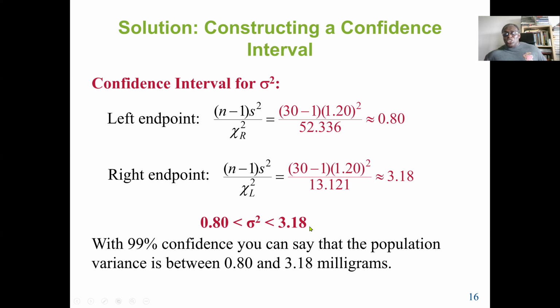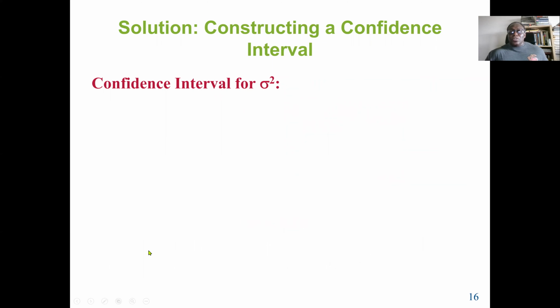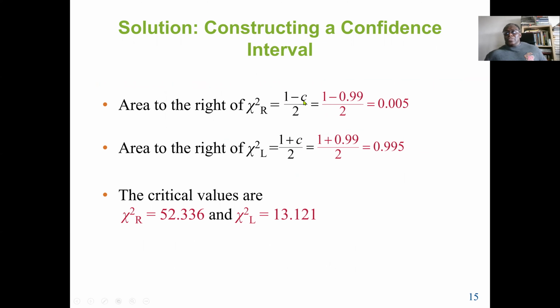And remember, in the question, we are using 99%. So here we can say with 99% confidence that the population variance is between 0.80 and 3.18 milligrams. Again, the confidence they gave us was 99%, and that's what we use to find the chi-square right and left. You can see the c value is 0.99.